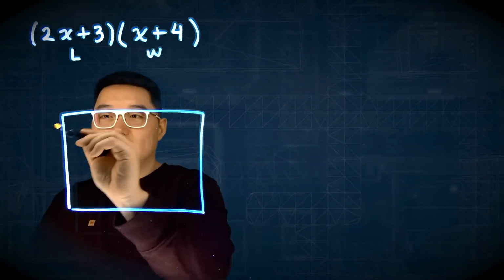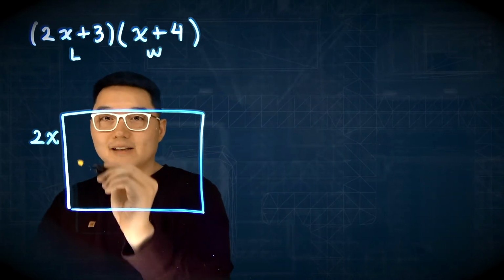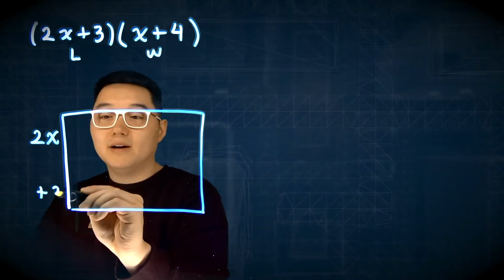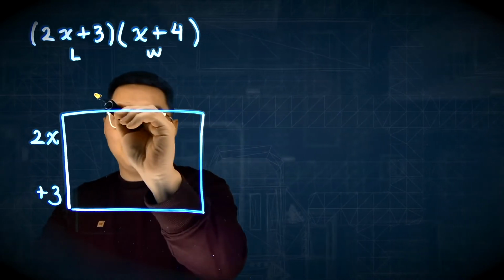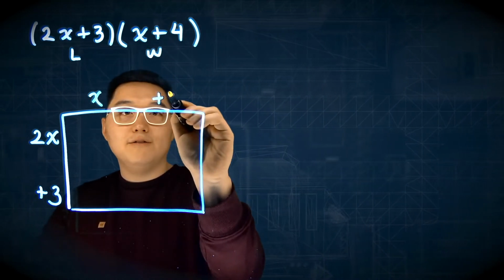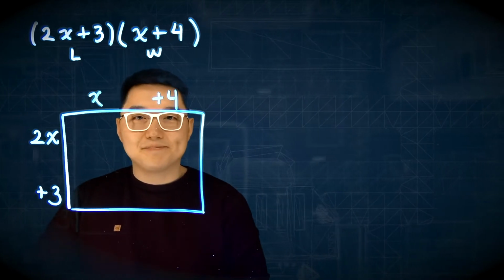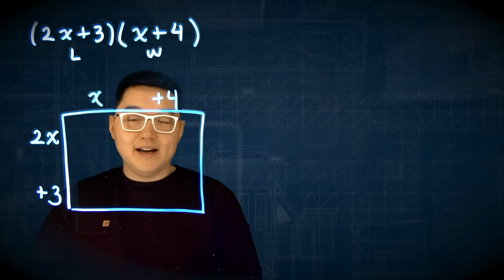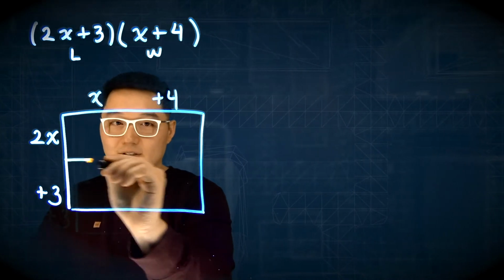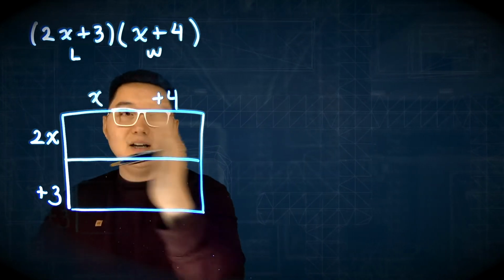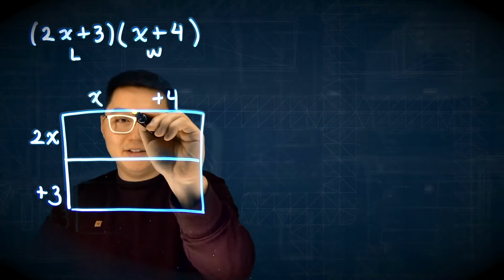So the length is 2x feet long plus 3 more times the width of x feet wide plus 4 more feet wide. So again, this looks like it's divided into 4 sections because the length is divided into 2 sections times the width, which is also divided into 2 sections.